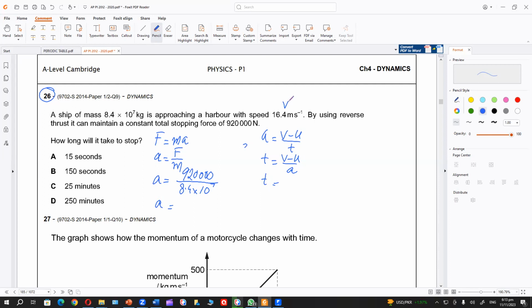This is the initial velocity, and stop means final velocity is 0. 7.7 × 10 power 13. Theoretically, it is the stopping force, so I'm putting a negative there.